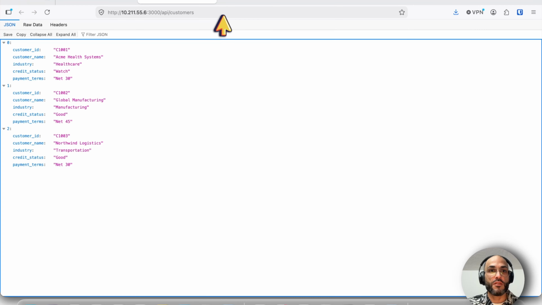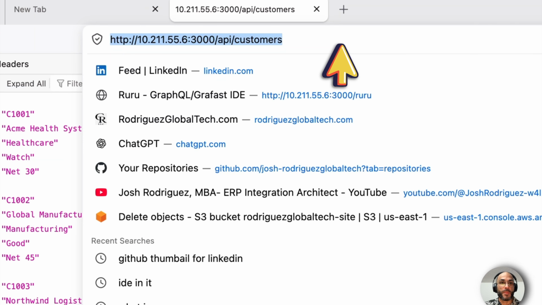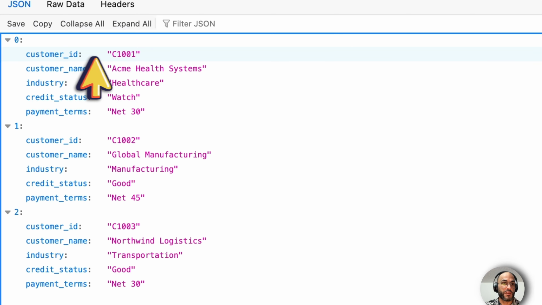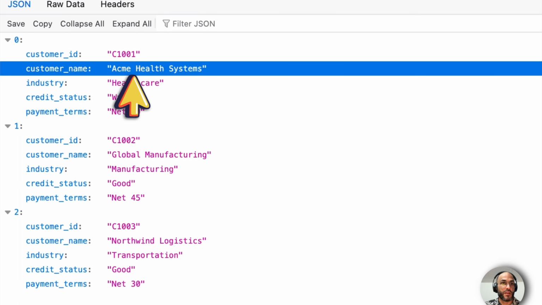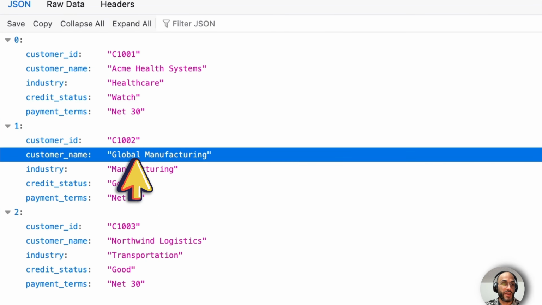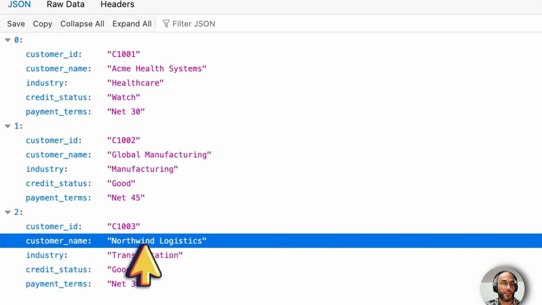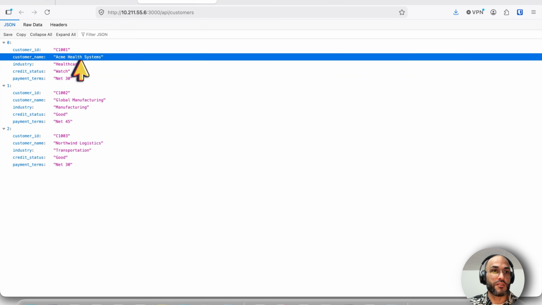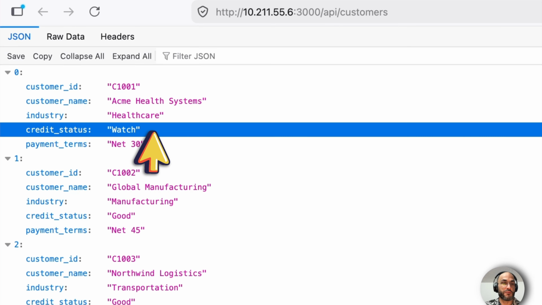As you can see, we have created an API server for customers data, and here we have our customers: Acme Health Services, Global Manufacturing, and Northwind Logistics. For this case, we're gonna focus on Acme Health Services since it has a credit status of watch.